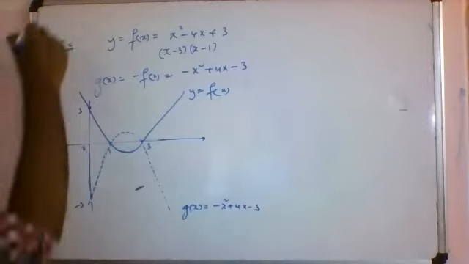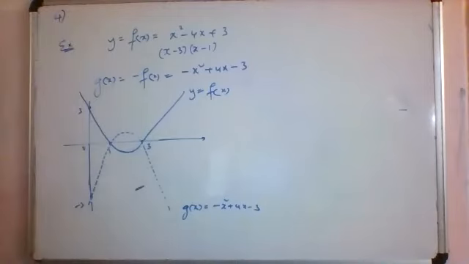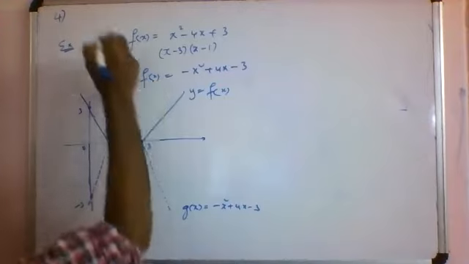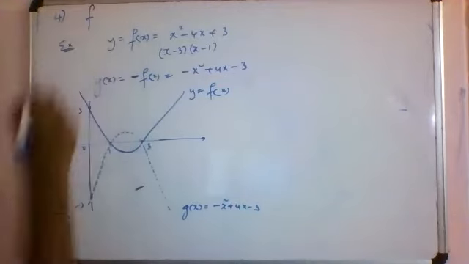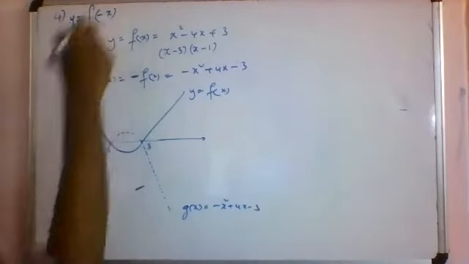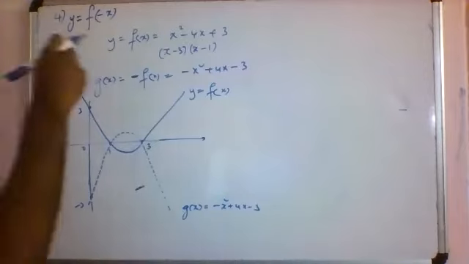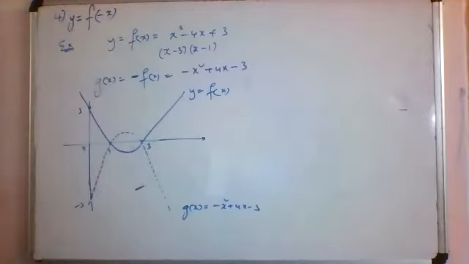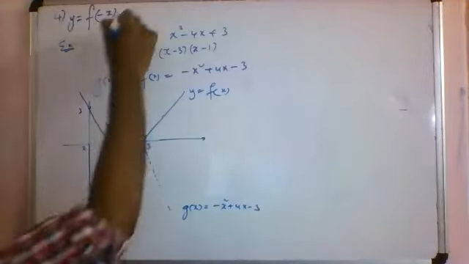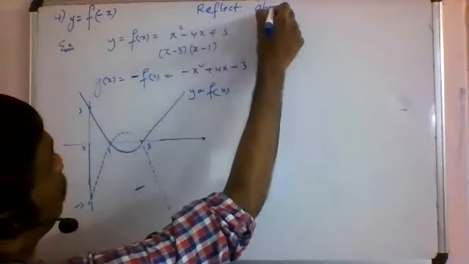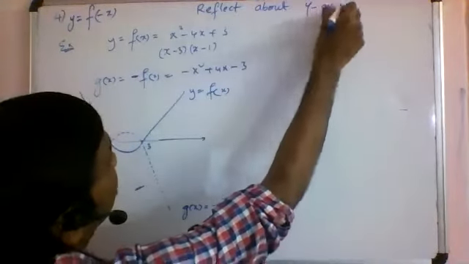Now fourth type. Here in this case I kept minus inside. Now if a function y is equal to f of x becomes minus f of minus x. In the previous case I kept this minus outside, but now if I keep minus for x only, then the procedure is reflect about y-axis.